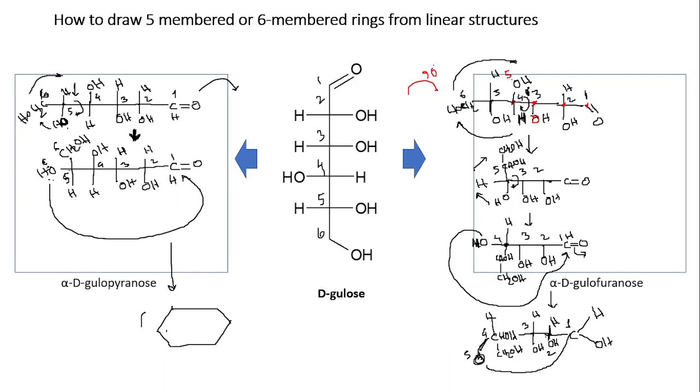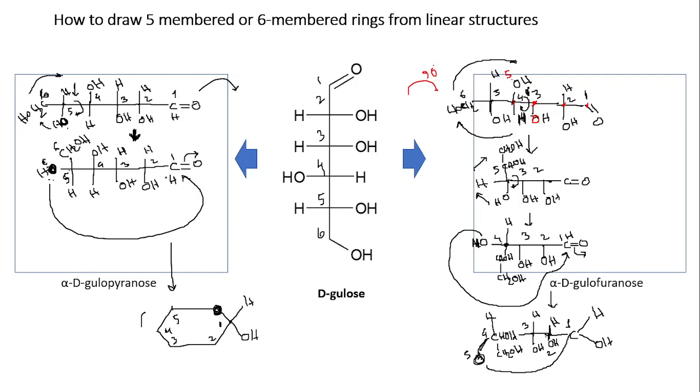This O here, let's draw it right here. Okay, this is position number 1, 2, 3, 4, 5. Okay. Now position number 1, there is CHOH, so we want to draw it as an alpha. So alpha should be OH pointing down. Okay, so this is forming this and OH pointing down.